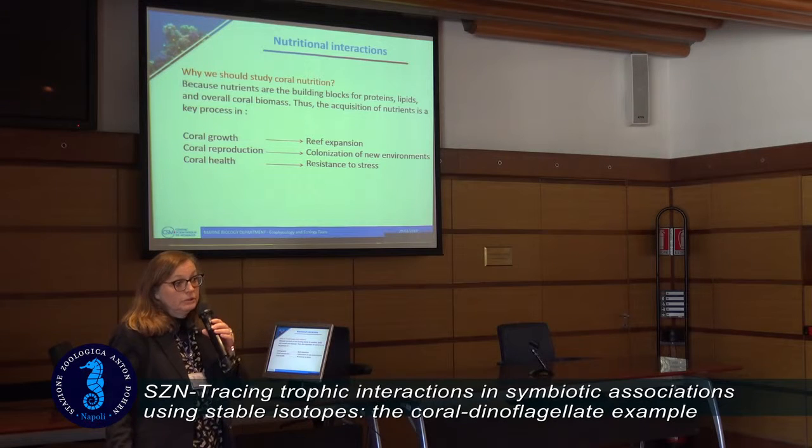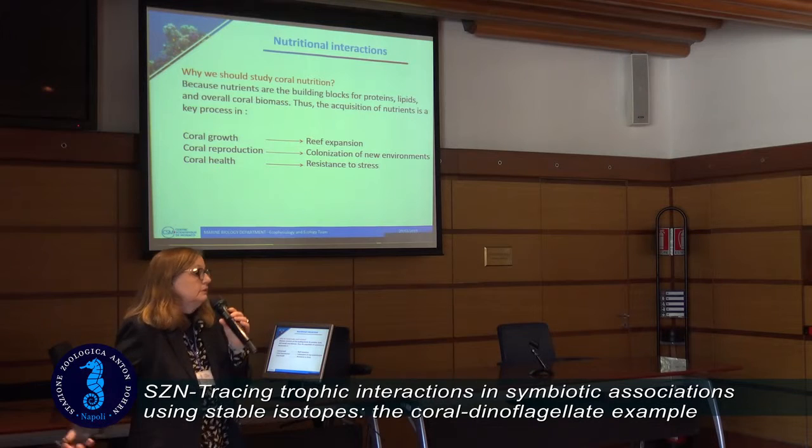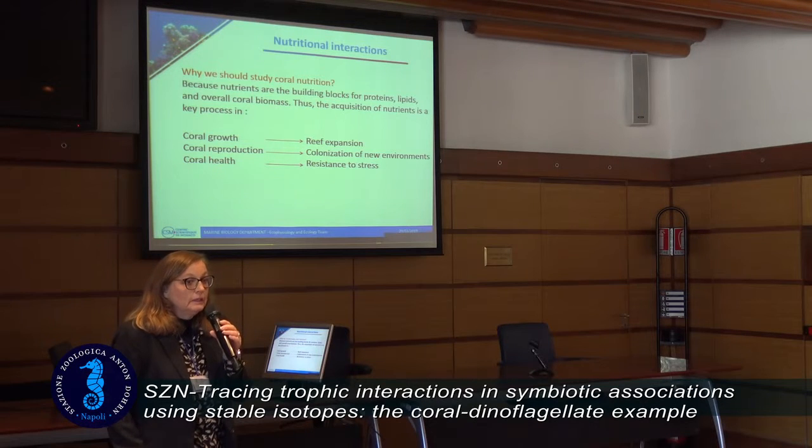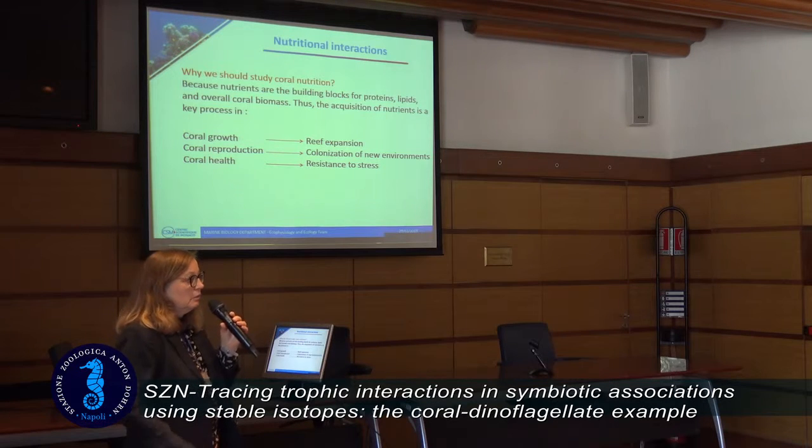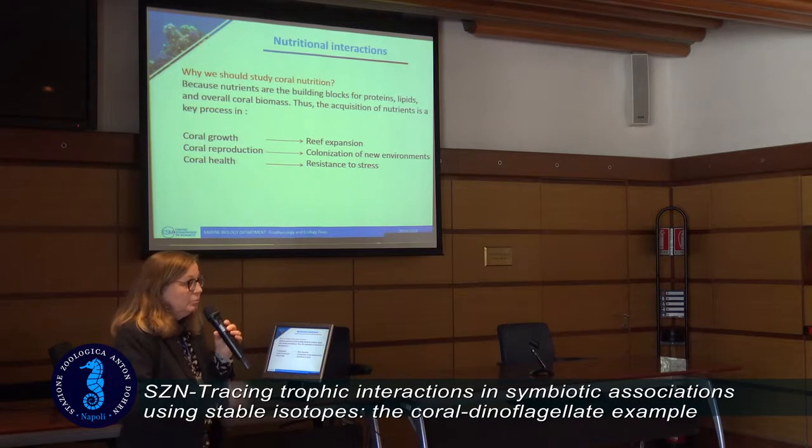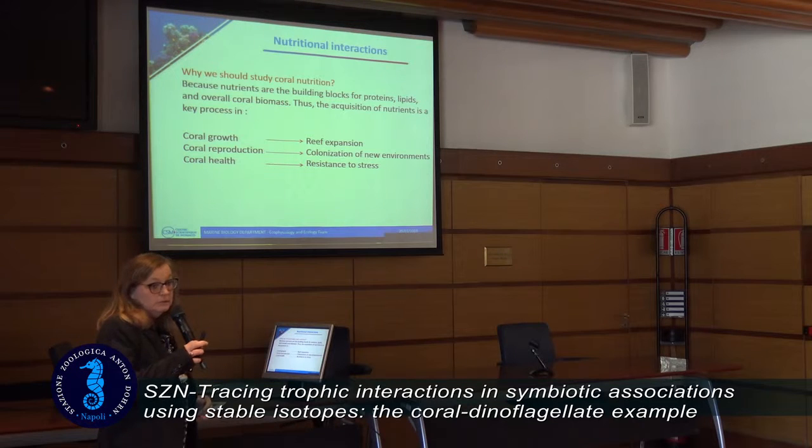And this will be with the resistance to stress, because a coral that is well fed, it's like us, will resist better to environmental stress than non-fed corals or corals in poor conditions.